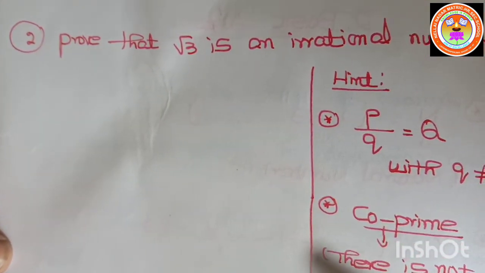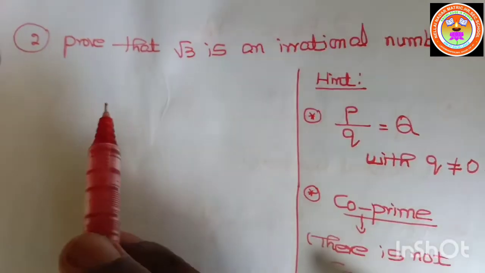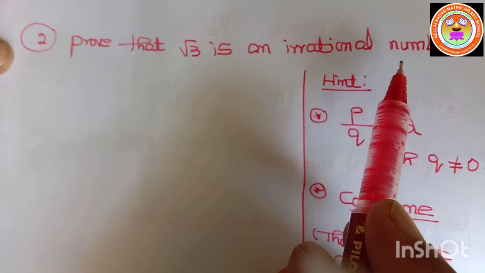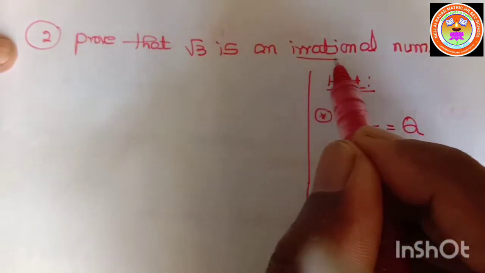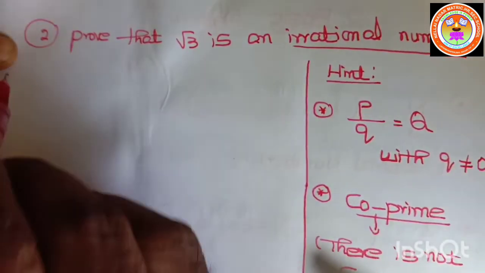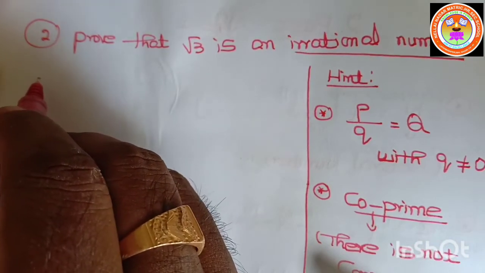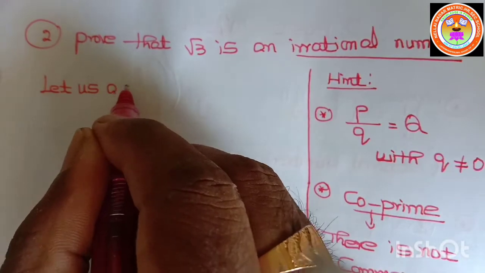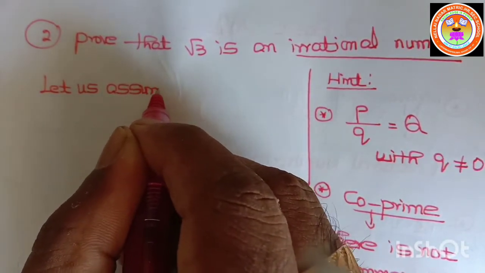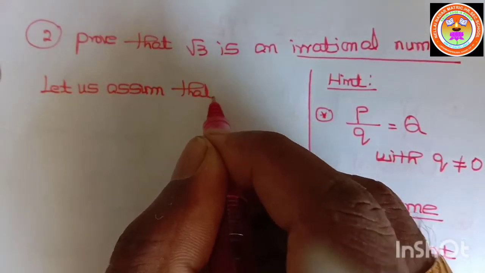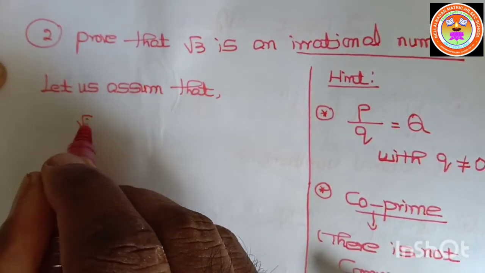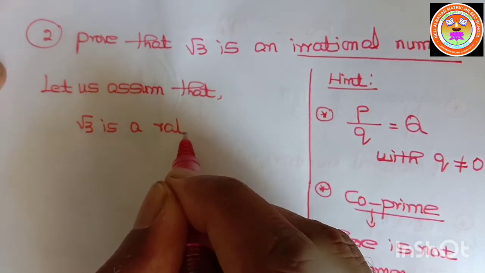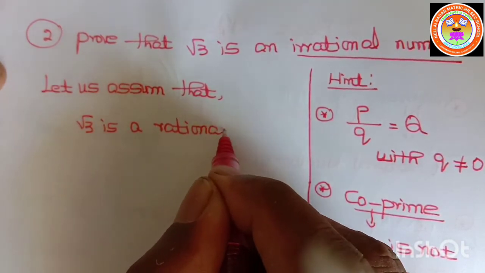Now I'll go to the second sum. Prove that root 3 is an irrational number. Irrational is the opposite of rational. Let us assume that root 3 is a rational number.